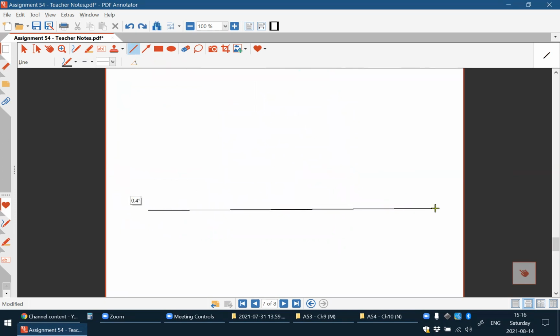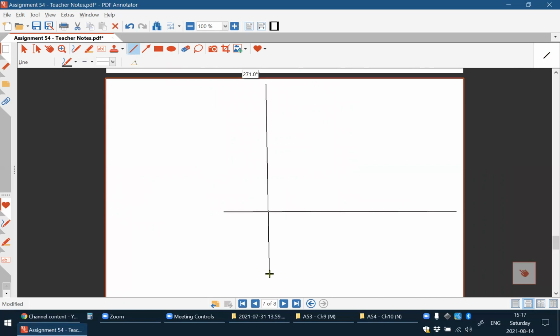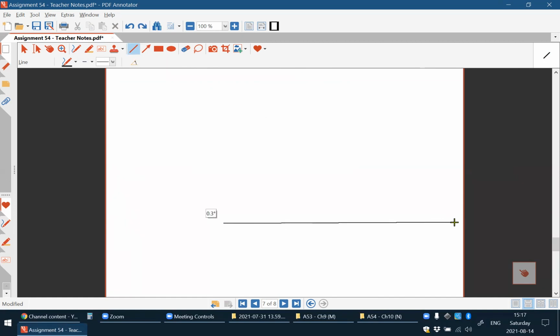Let's draw this larger. Y-axis and x-axis.